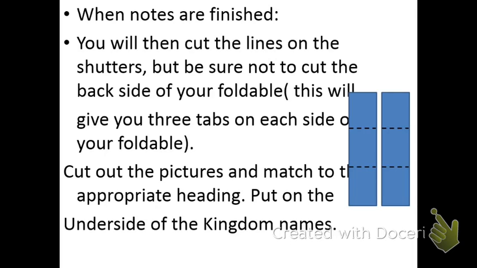So if you will get the kingdom done today, and if you get finished with that, you can start seeing if you can match it to the organisms. I've got some color pictures for you to look at to be able to help you do the second part. But you want to decide which of the 6 kingdoms it goes in first. And then you want to look for the clues to see if you can match it to its pictures.